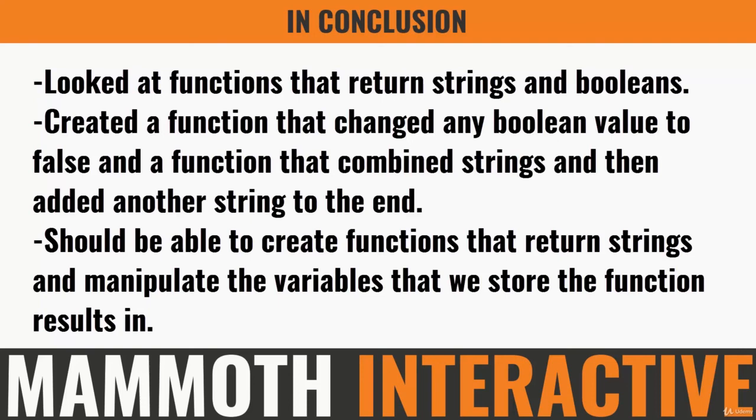And then we stored the results in a variable and then added another string onto that and then had them all print out. So by now you should be able to create functions that return strings and booleans and characters too, and manipulate the values that we store the function results in. So again, we're storing these function results in a variable, and that's to be treated like any other variable that can be reassigned or manipulated in some way.